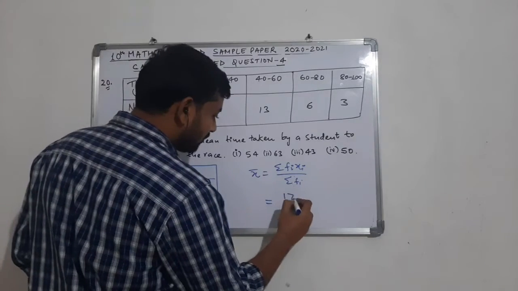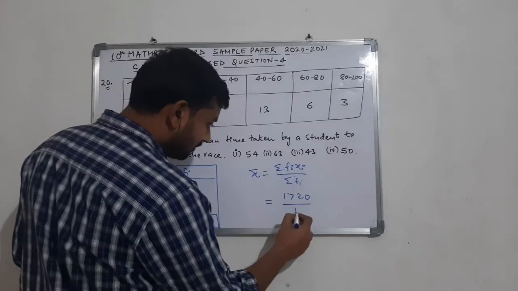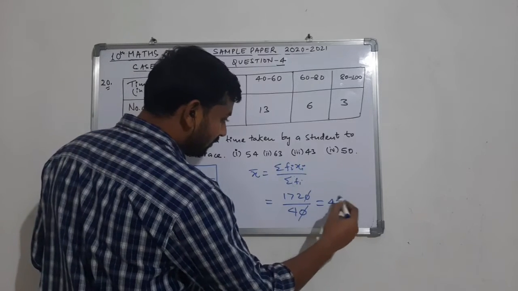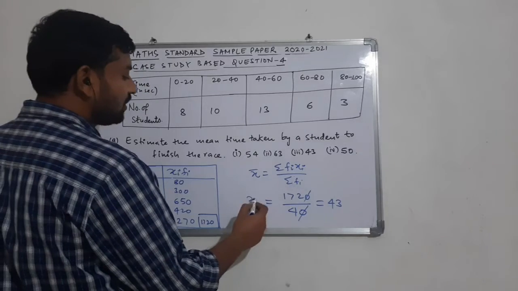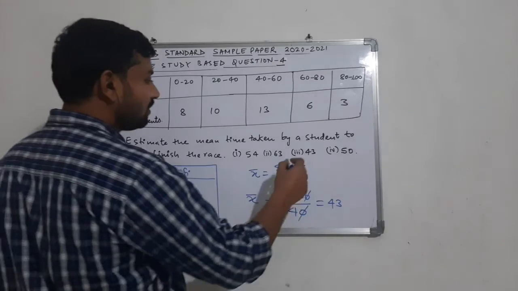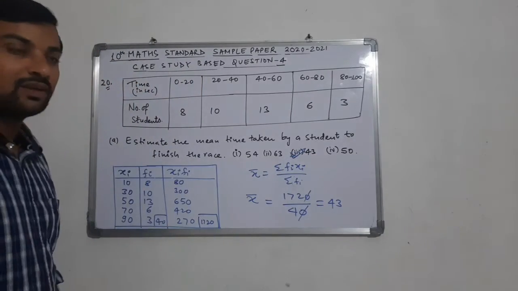So let us substitute the values: 1720 divided by the sum of frequencies, 40. When we divide this, we get the mean value as 43. So the mean time taken by a student to finish the race is 43. So the third option in this first part is correct.